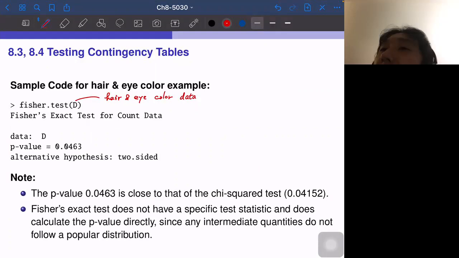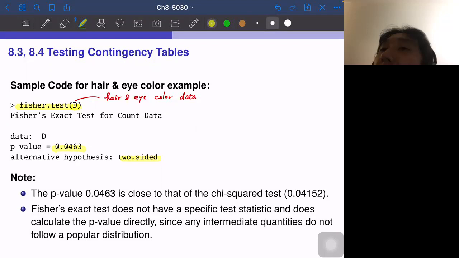And here is an example for Fisher's exact test. D is the hair color, eye color data, the same as the chi-square test example. And the fisher.test function does Fisher's exact test. Since we directly calculate the p-value, the output is only the p-value. And the alternative hypothesis is two-sided, which is almost always the case.